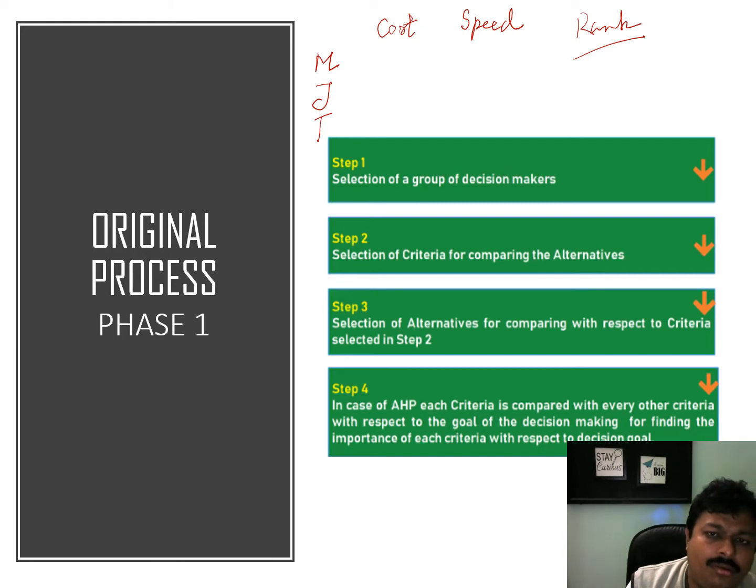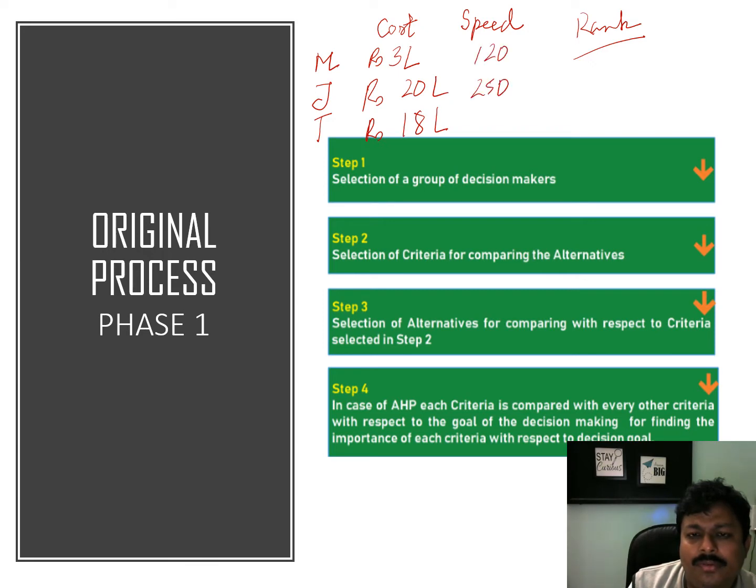Now the cost of Maruti is rupees 3 lakh, I am randomly assuming that. Jaguar is around 20 lakhs and Toyota is around 18 lakhs. This is an assumption, it may not be the same as the original price. And similarly, just assume the speed of Maruti to be around 120, Jaguar 250 and Toyota 270.